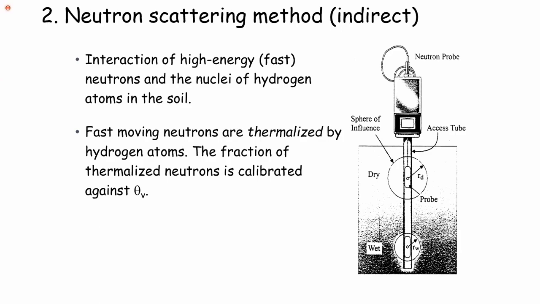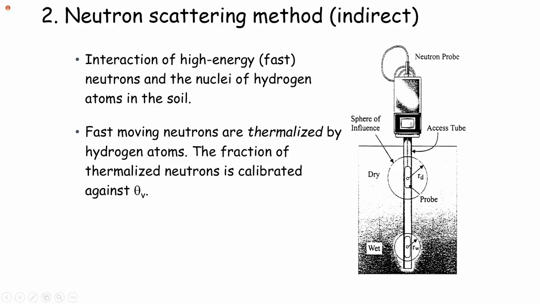That means, for example, you saturate the soil with water and place this neutron probe in the soil. So what happens is, when the soil is saturated, there will be more moisture content and the slowed-down neutron count will be high.